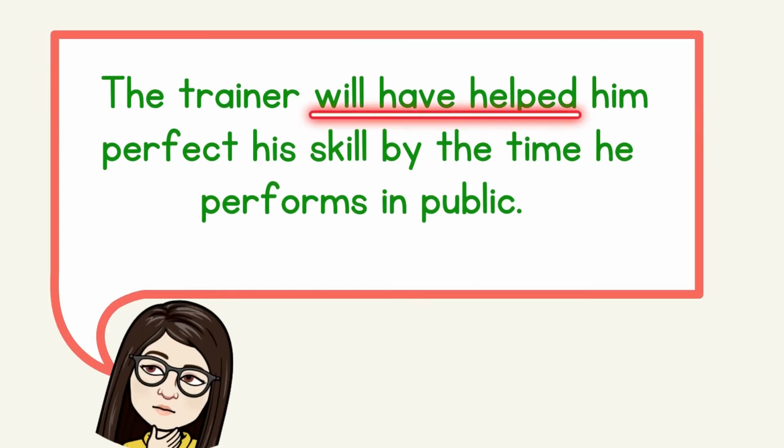Let's take a look at another example. The trainer will have helped him perfect his skill by the time he performs in public. What does the future perfect tell us here?